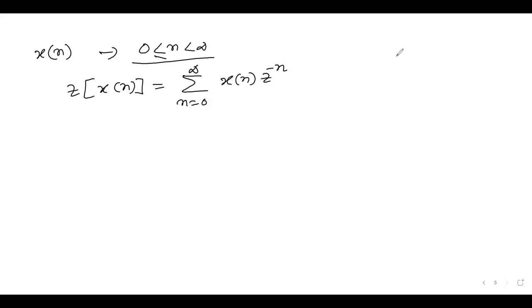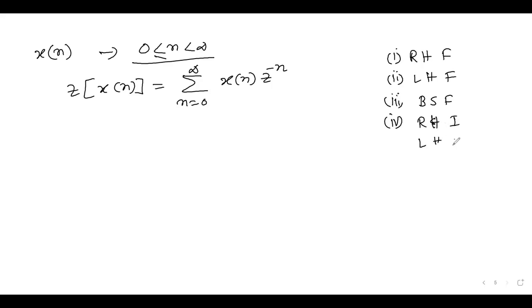I told you many things: right hand finite, left hand finite, both side finite. Then I said right hand signal infinite, left hand signal infinite, both side infinite. You need to study it a lot.